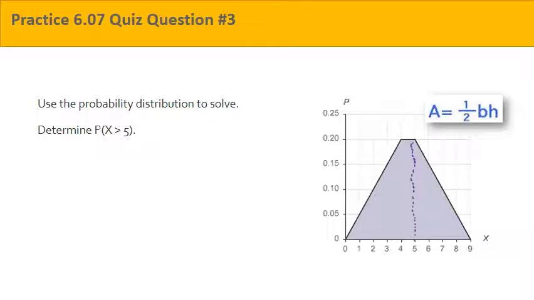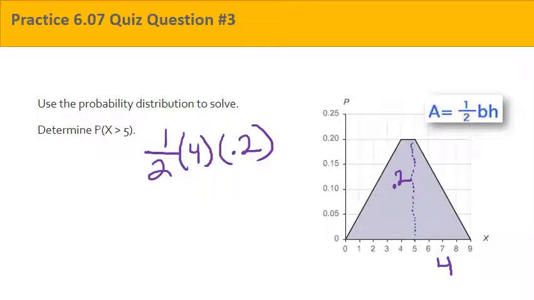So in this triangle, we have 4 at the bottom. The height is 0.2. So my area is going to be 1/2 times 4 times 0.2. Put that in your calculator, and you're going to get 0.4 as the overall probability from x is greater than 5.